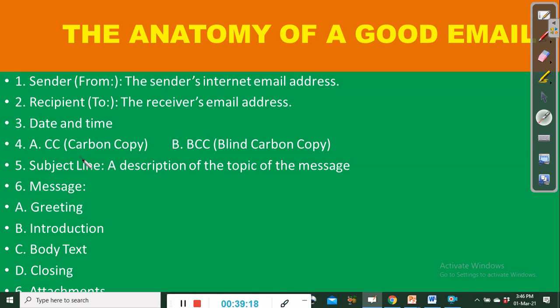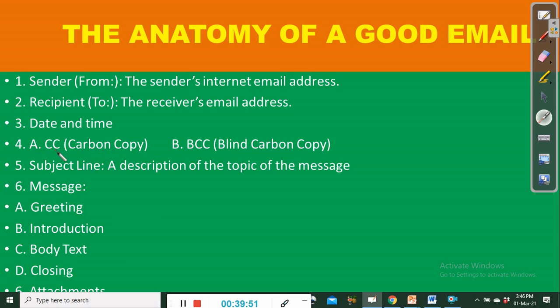Now, these have to do with the kinds of copy and the kinds of persons you are likely to send the copy of your email to. Now, CC is sent to someone that you will publicly send your email to, and there's no piece of information that is hidden from this recipient.